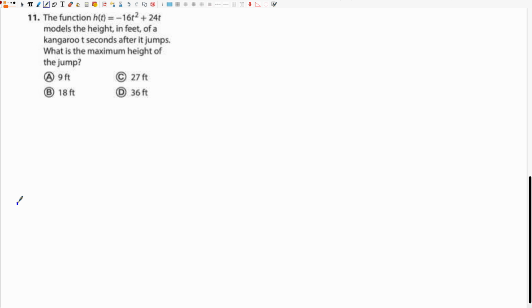So what do we need to find? Maximum height. We need to find the vertex, right? And we don't want the x value of the vertex, we want the y value of the vertex. So we're actually going to have to find the vertex, not just the x value. So we need to do x equals negative b over 2a.